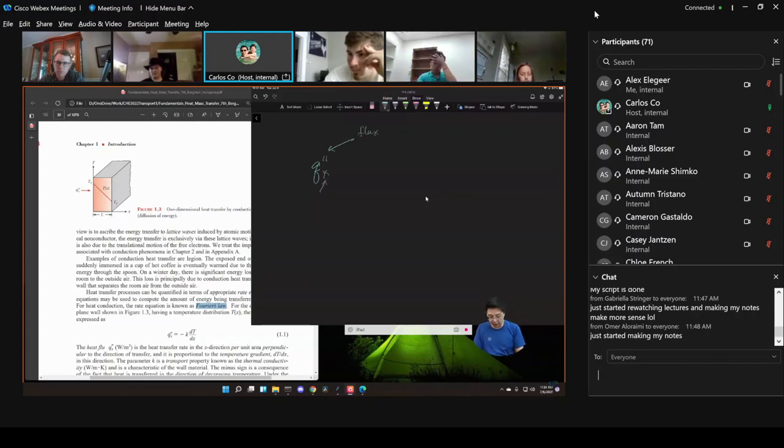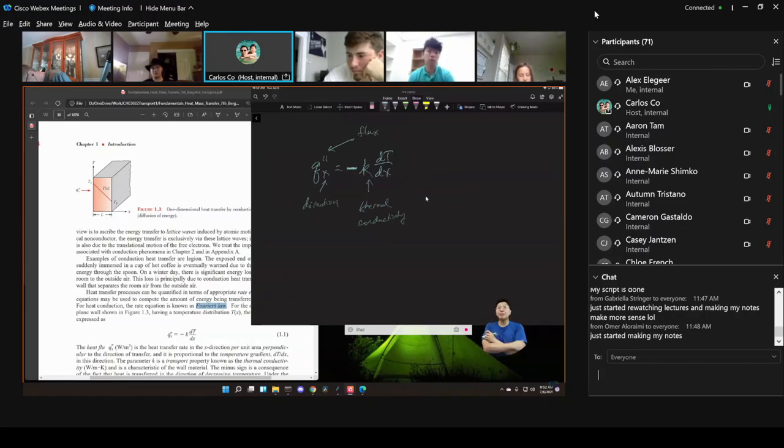The heat flux in the x direction is equal to minus the thermal conductivity, k, multiplied by the gradient in the temperature, dT/dx. An important thing to notice here is that there's this negative sign.